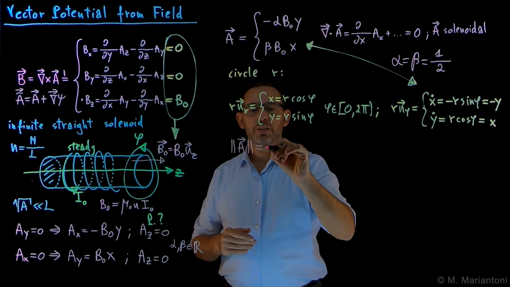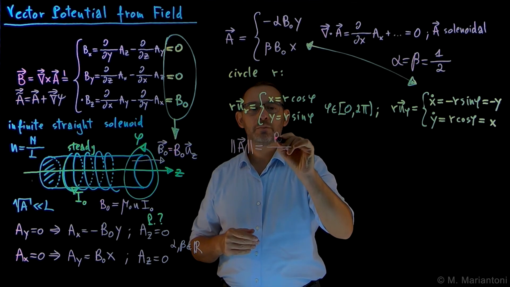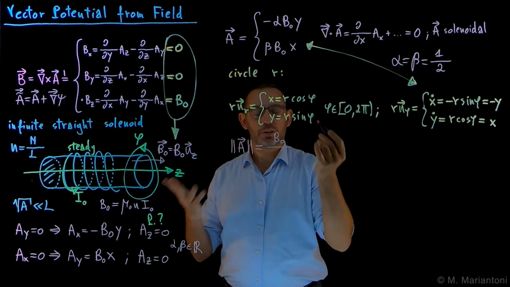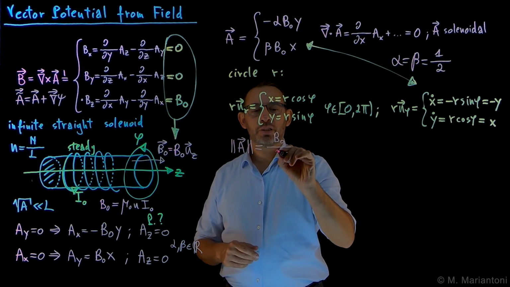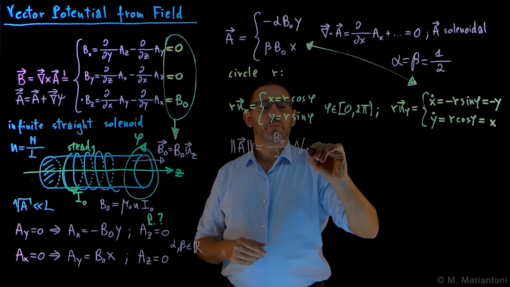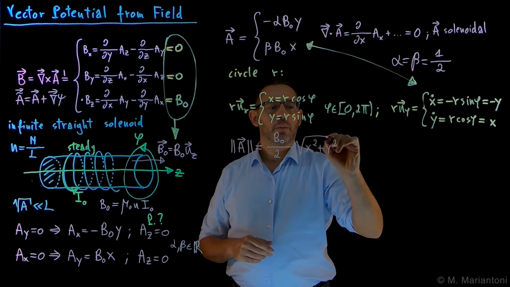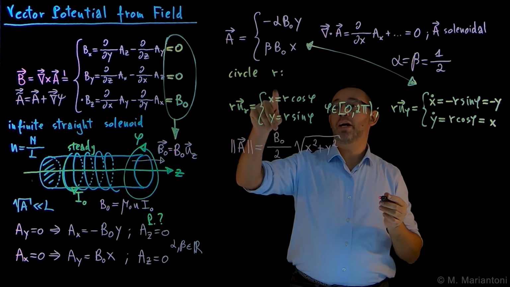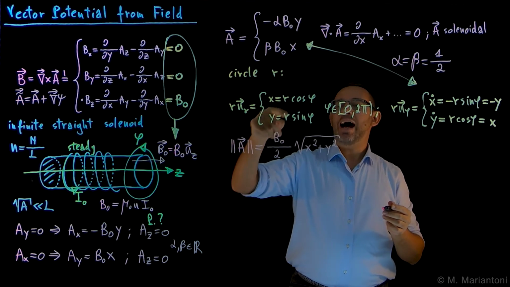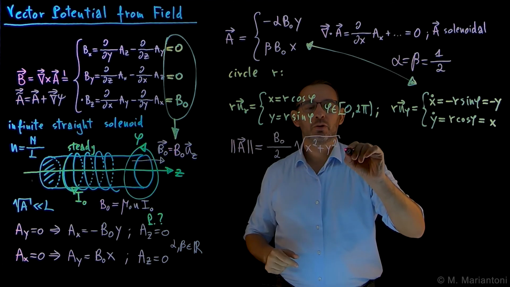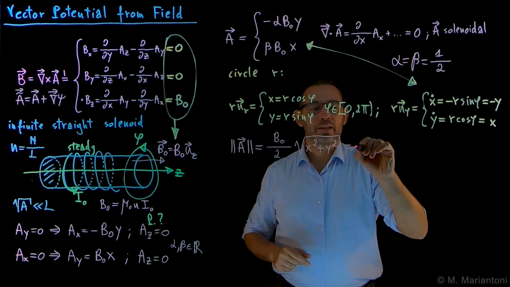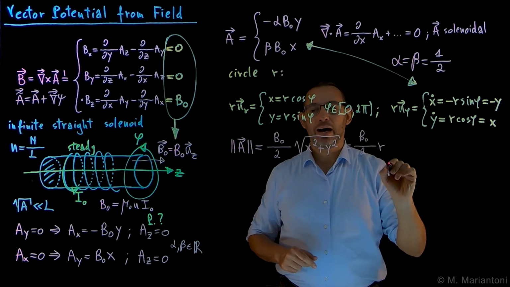Under square root, you end up having b naught divided by square root of 4, which is 2, times the square root of x squared plus y squared. But what is x squared plus y squared? It is nothing but r squared, and the square root is r. So this norm is the radius of the circle, and so it's b naught half times r.